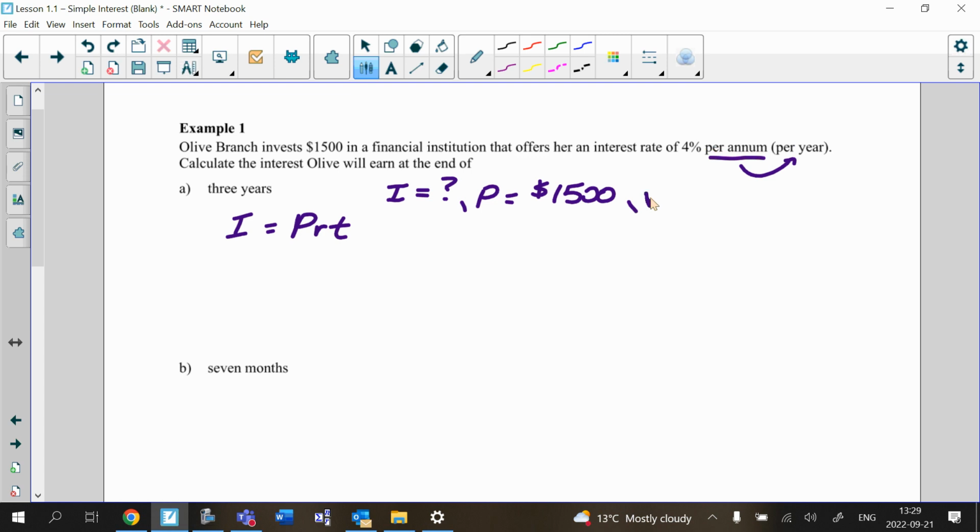To change from percent to decimal, just take the decimal point in percent, which is right after the 4, and move it back 2 spaces. So the rate that we're going to use in our formula is 0.04. You just move it back 2. That's all. And T is 3. So there's the numbers you're going to multiply: 1,500 times 0.04 times 3.